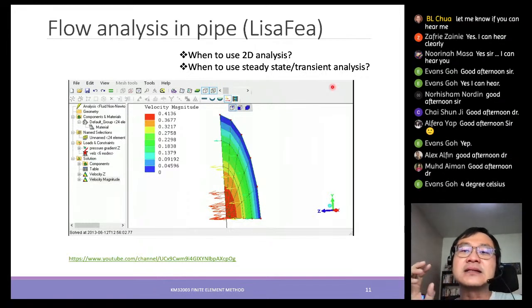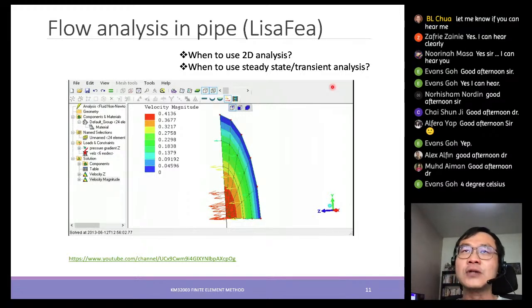Then in that application you may want to run a transient analysis, to see how, when it opens slowly from 0 to 50% of the valve, the fluid flow will change, whether there is turbulence or whatever impact occurs to the valve or other things. Then yes, you may want to run a transient analysis.